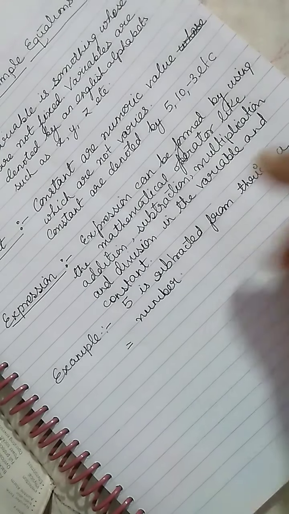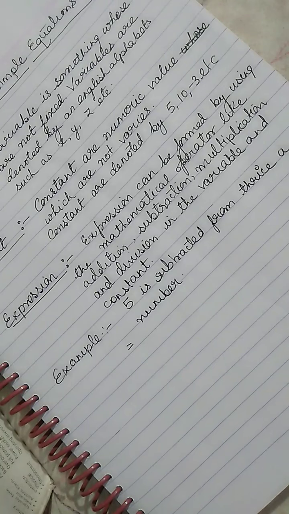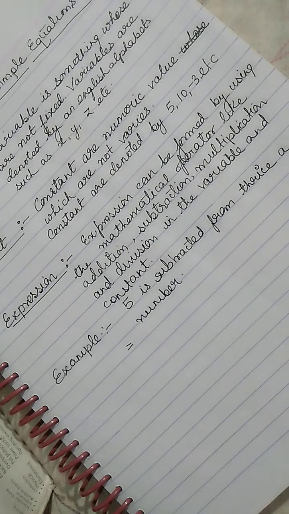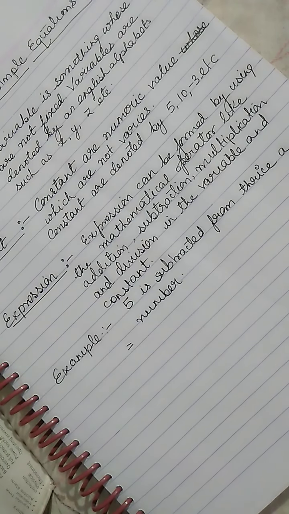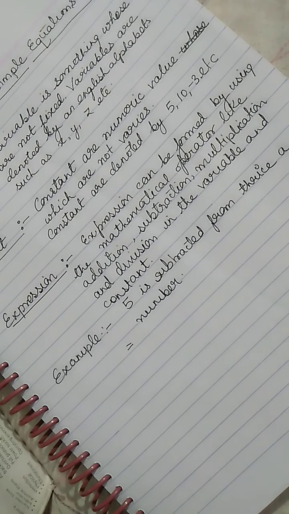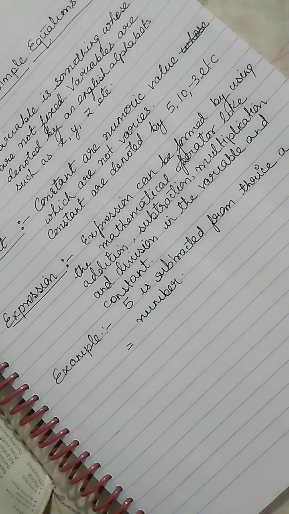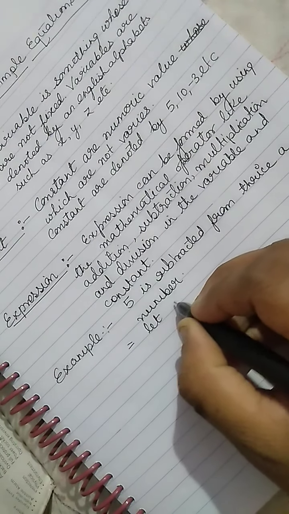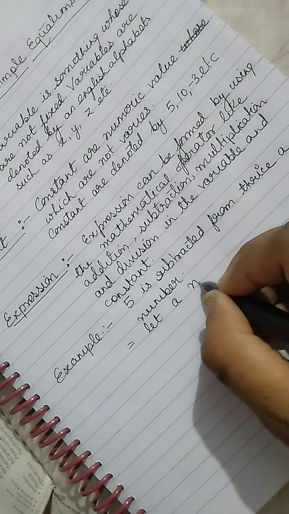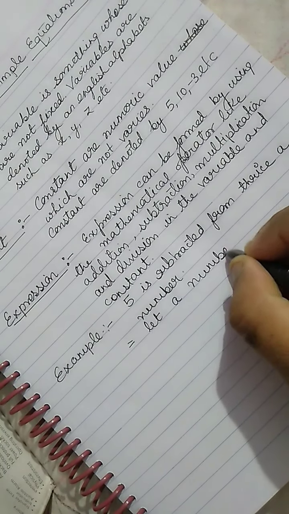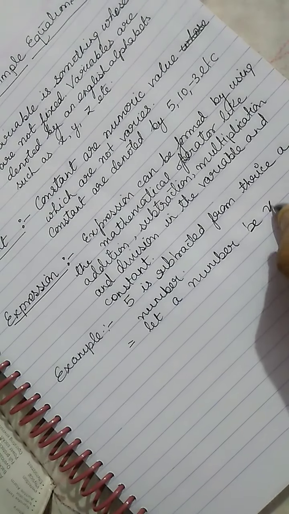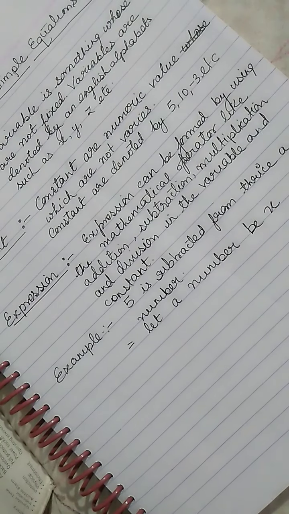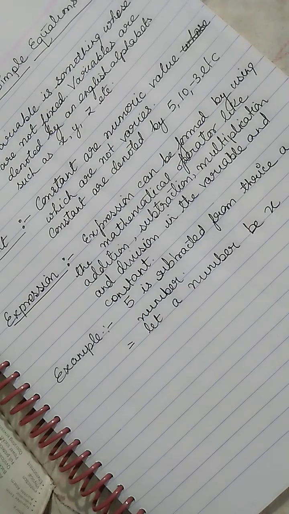Now, thrice a number, which number we don't know, so this quantity is unknown. In this chapter, for every unknown quantity you have to assume some variable. So let the number be x.